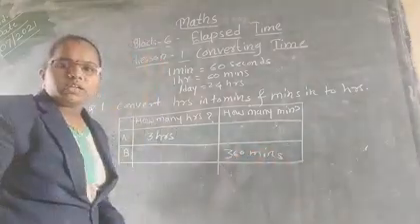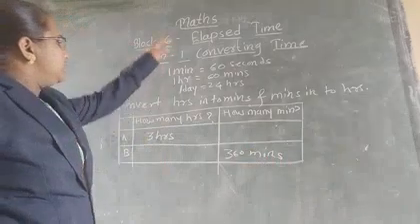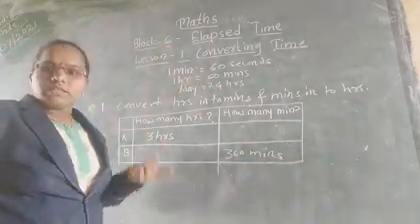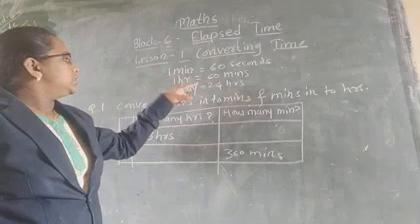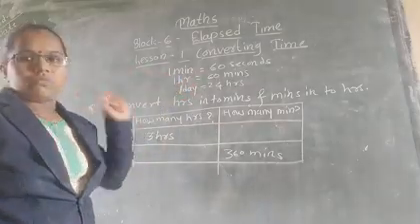Already you know that 1 hour is equal to 60 minutes and 60 minutes is equal to 1 hour.